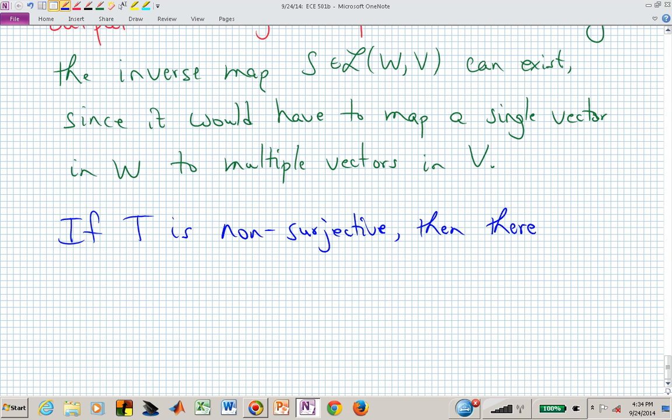Codomain is the output. So if we have a surjective map, we're supposed to be able to hit every vector in the output vector space. If it's not surjective, we are not getting to every vector in our codomain.